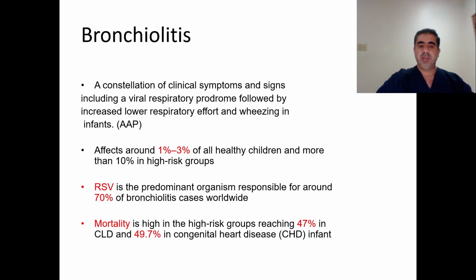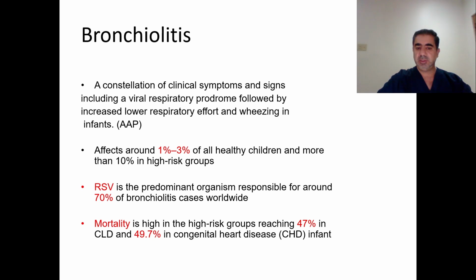So bronchiolitis is a constellation of clinical symptoms and signs, including a viral respiratory prodrome, followed by increased lower respiratory effort and wheezing in infants. Bronchiolitis affects around 1% to 3% of all healthy children and more than 10% in the high-risk groups, which we will mention later.